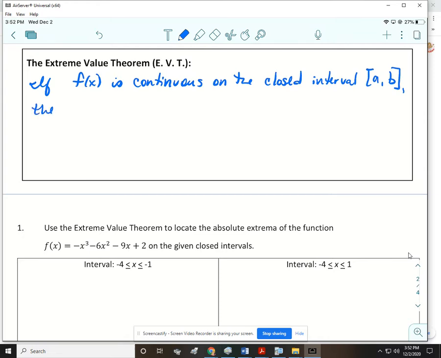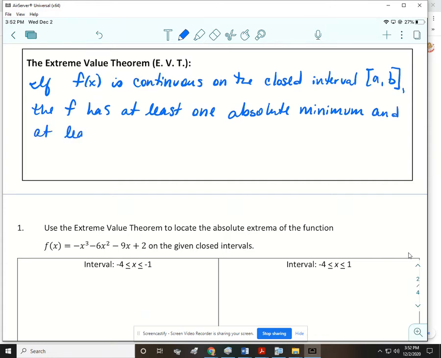Then f has at least one absolute minimum and at least one absolute maximum.